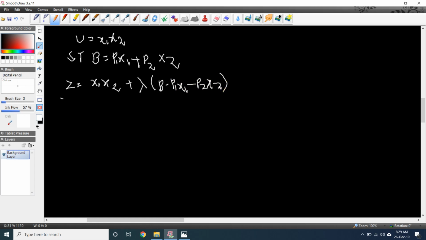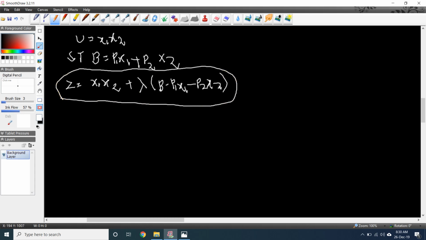So now we will partially differentiate this equation with x1, x2 and lambda.